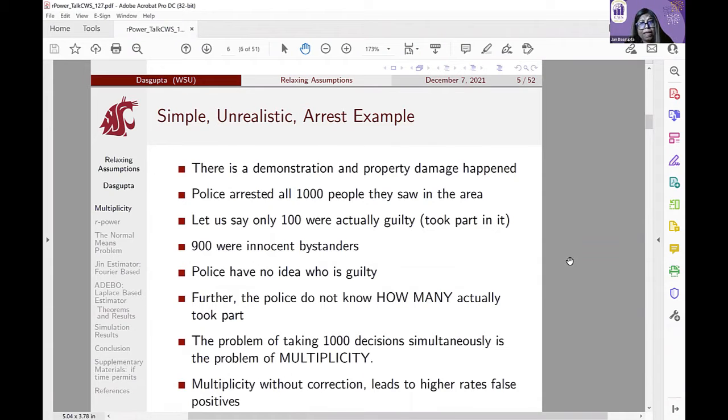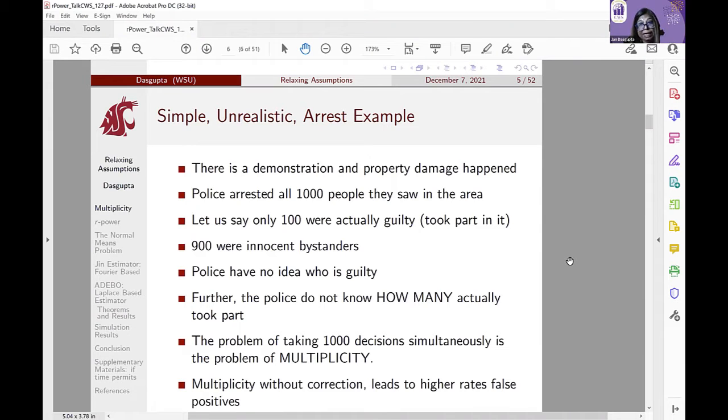So the cops have to make 1,000 decisions because each person will have to be decided guilty or not guilty. And if these decisions are not made well, and taking into account the fact that we are making so many simultaneous decisions, the probability that we make false decisions, a false positive, which means somebody who's an innocent bystander gets put in prison, will go up.